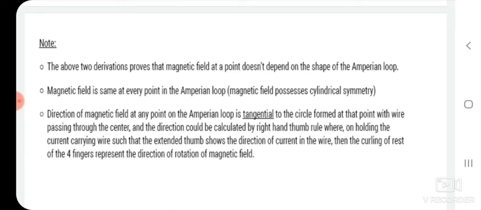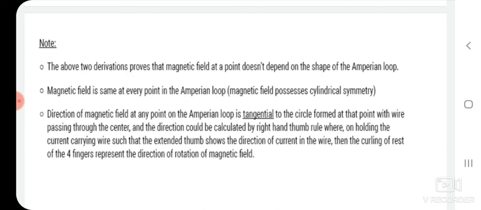The direction of magnetic field at any point on the Ampere's loop is tangential to the circle formed at that point, with wire passing throughout the center, and the direction can be calculated by the right hand thumb rule, where on holding the current carrying wire such that the extended thumb shows the direction of current in the wire, then the curling of the rest of the four fingers represents the direction of rotation of magnetic field.